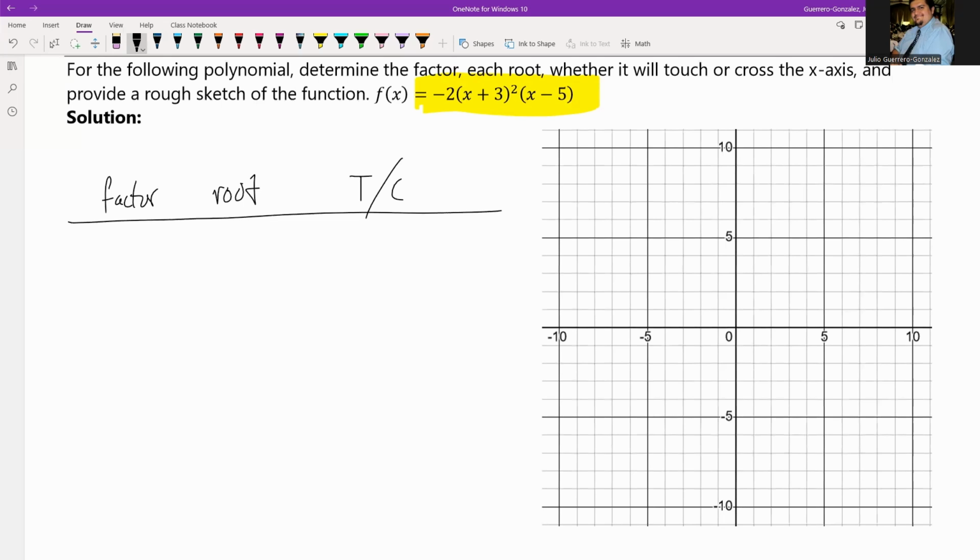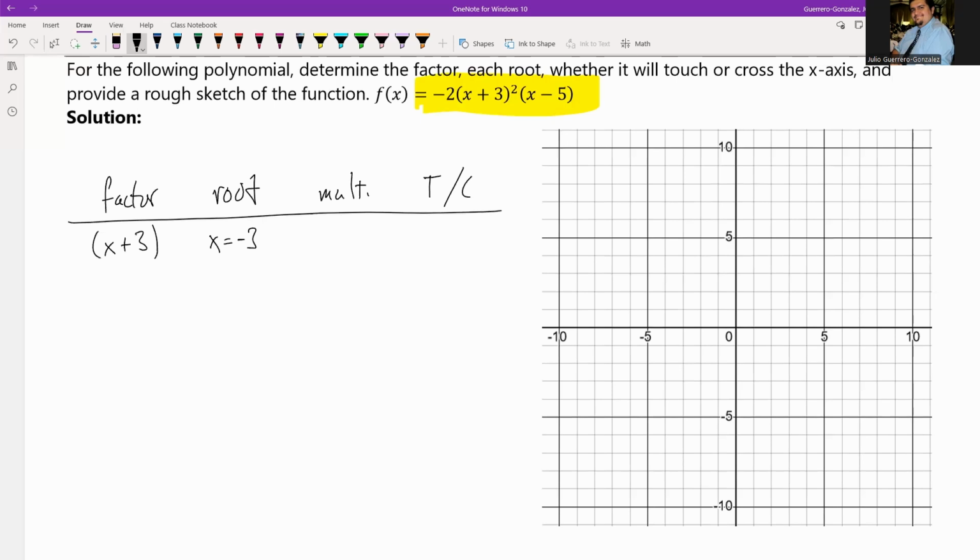In this case, there are just two factors. Oh, I forgot one column here: multiplicity. And then touch or cross. The first factor is x plus 3. The root for that factor is x equals minus 3.